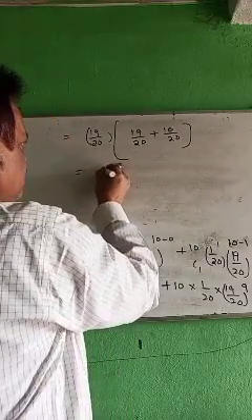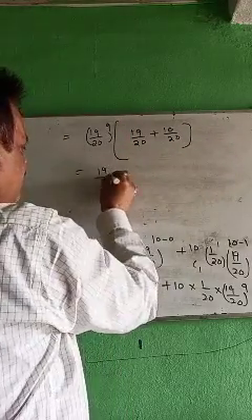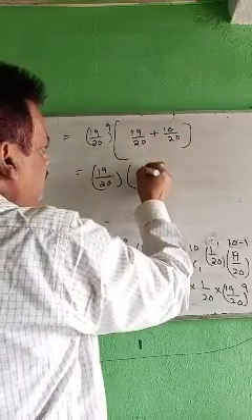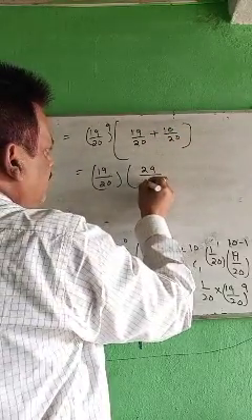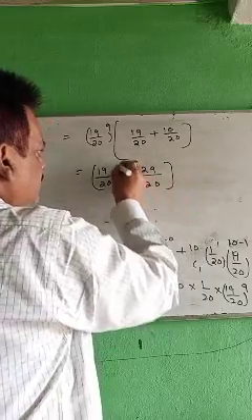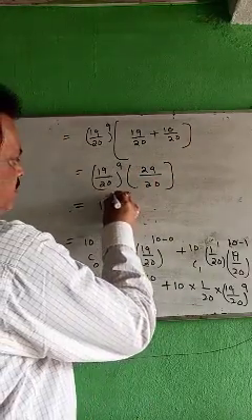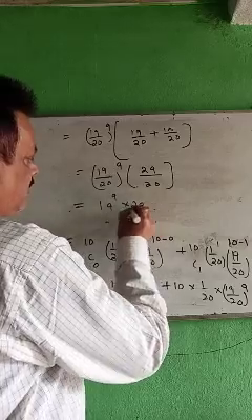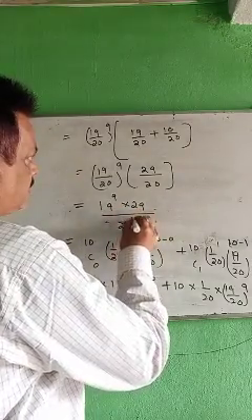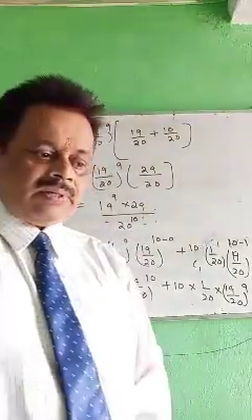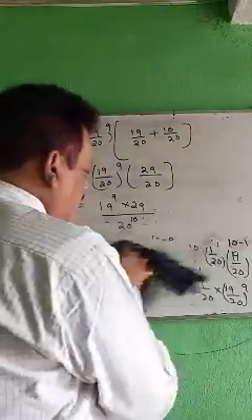That is 19 by 20 power 9 into 29 by 20. You can write 19 to the power 9 into 29 by 20 power 10, because 9 power is here, 1 is here. Okay? So simple questions. Let's take one more.